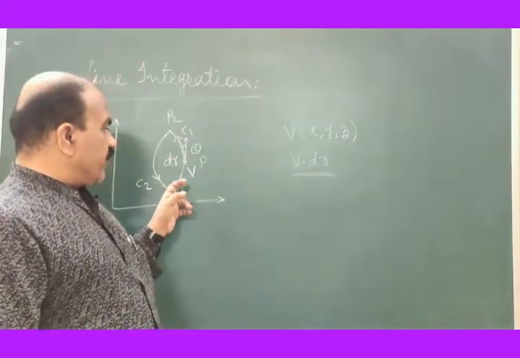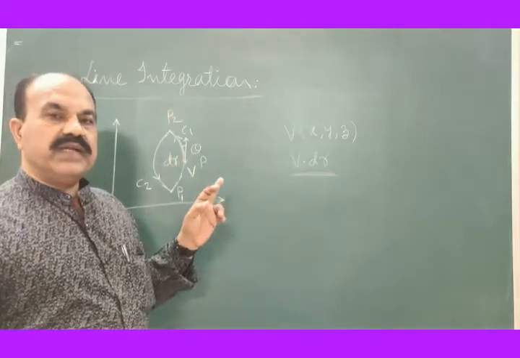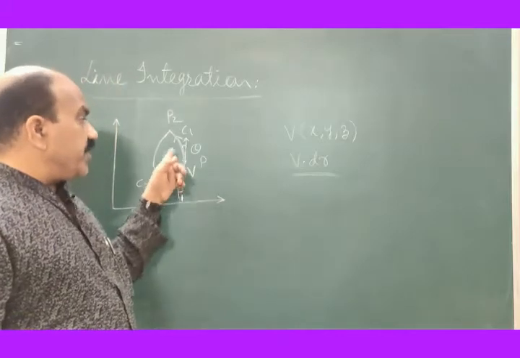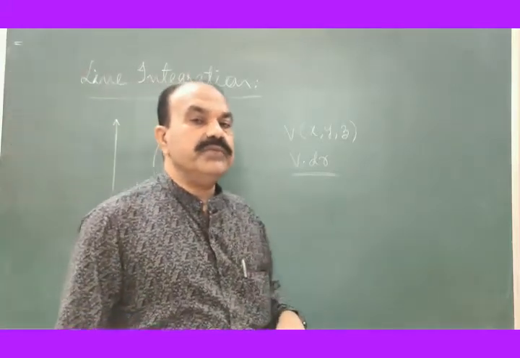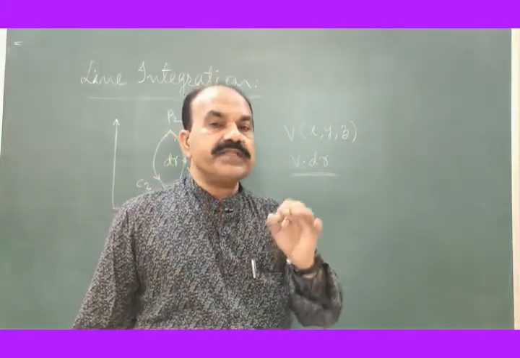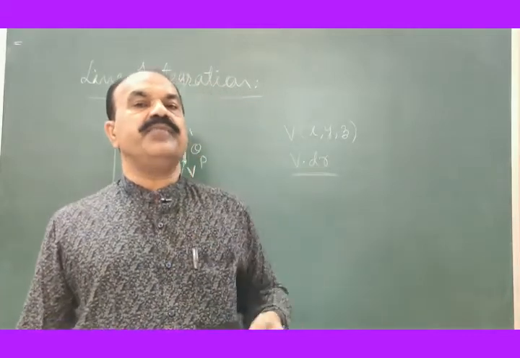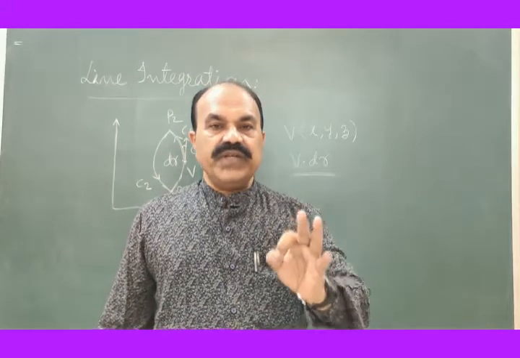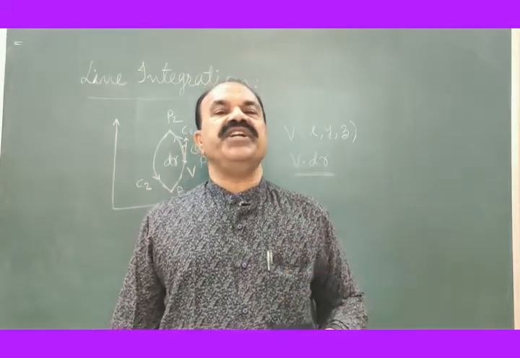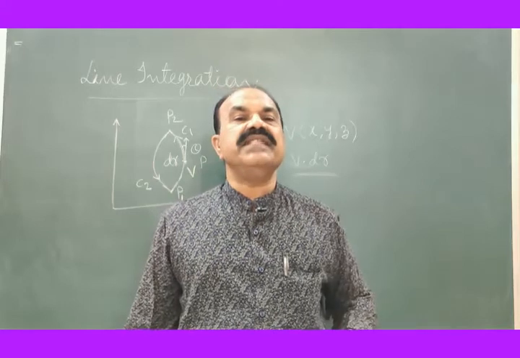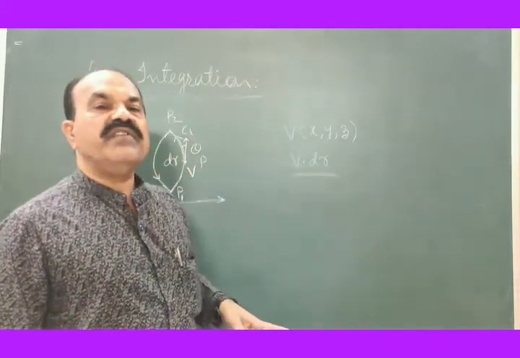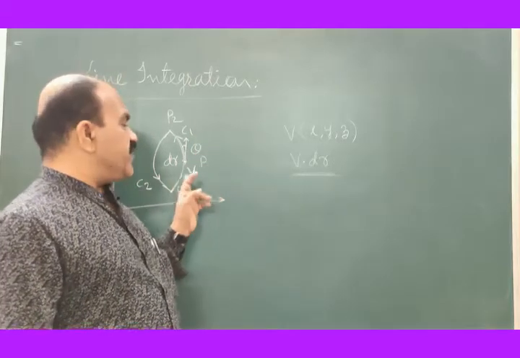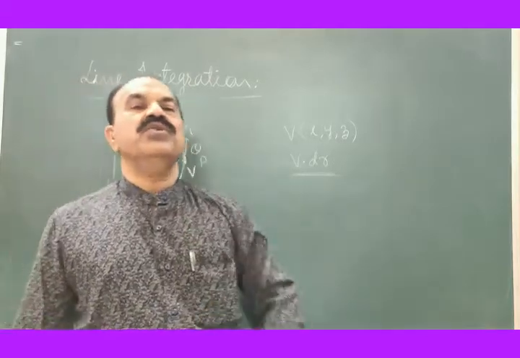The curve is going from P1 to P2. We know that every point on this curve P1 to P2 is specifying a vector point function having unique magnitude and unique direction. It means that the direction of the vector point function is continuously changing as we move from P1 to P2.